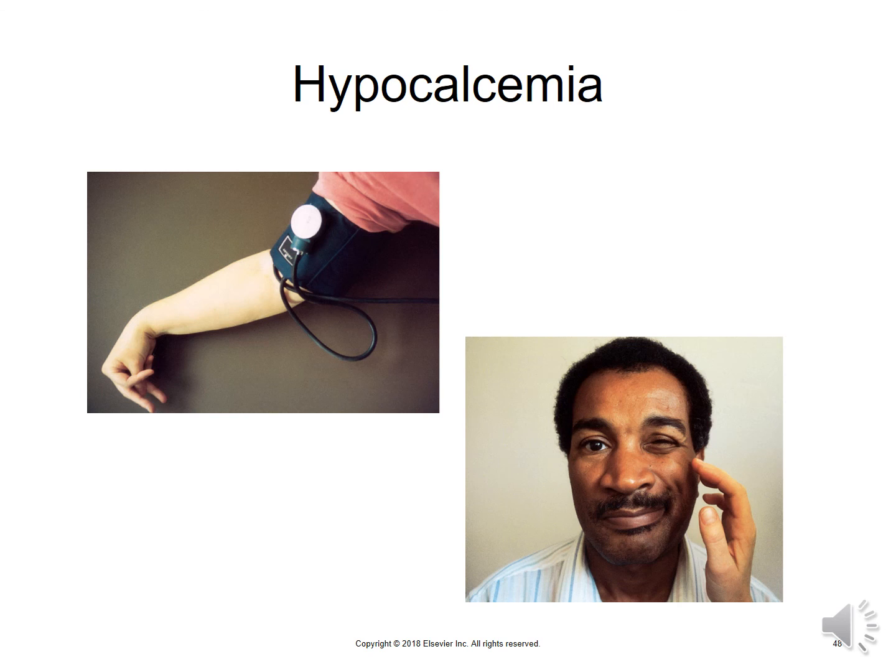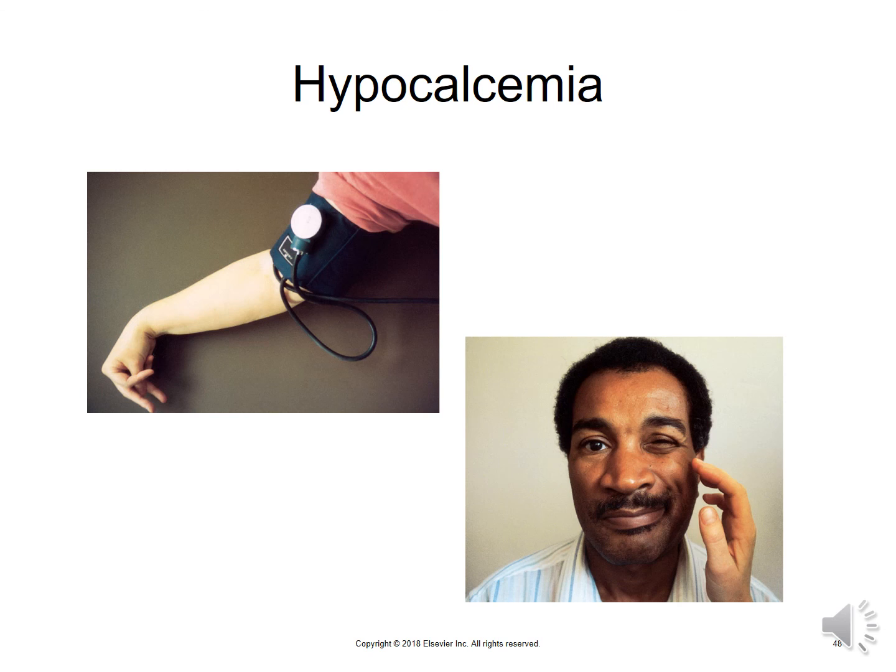Okay, so the one at the top, that's the Trousseau's sign, and when you pump up this blood pressure cuff, you're going to have that cramp-like spasm in the hand. And when I think about the Chvostek sign, I always get a little tickled because when I was in nursing school, I had a guy on a ventilator and I thought he was comatose and he had a low calcium level, so I wanted to do this.